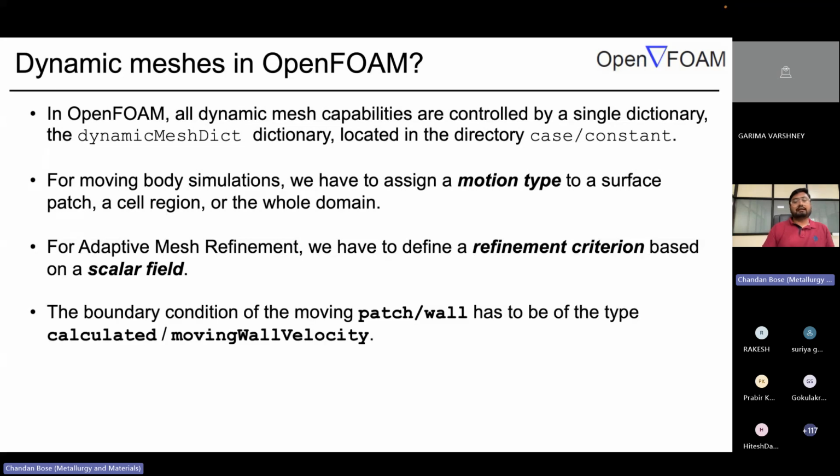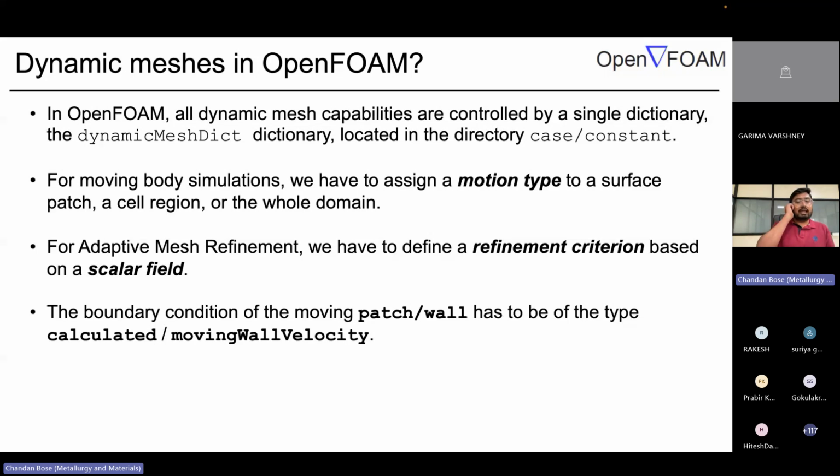All right. And then the last but most important thing is the appropriate boundary condition. When you want to apply these different motion types on a patch or a surface or a body or volume of cells, you need to appropriately change the boundary condition, particularly on the patches where you apply a wall boundary condition.